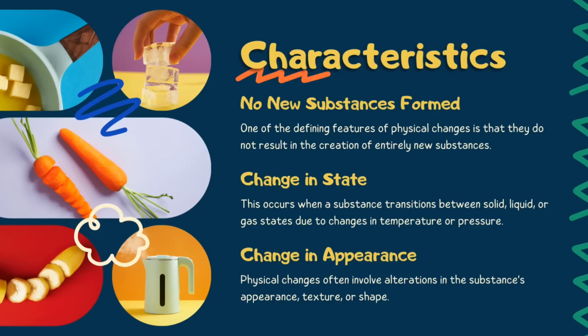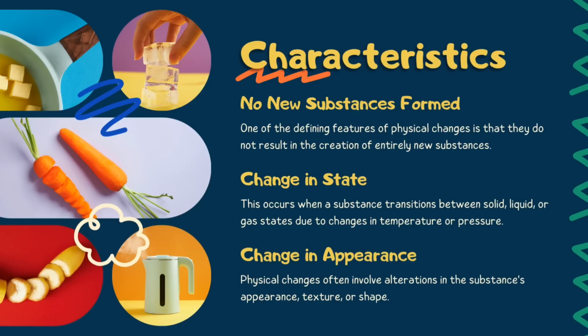Now, in terms of change in state, this occurs when substance transitions between solid, liquid, or gas states due to changes in temperature or pressure. Next, change in appearance. Physical changes often involve alteration in the substance's appearance, texture, or shape.